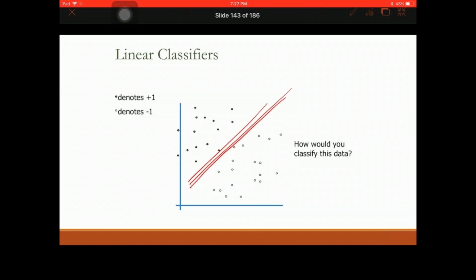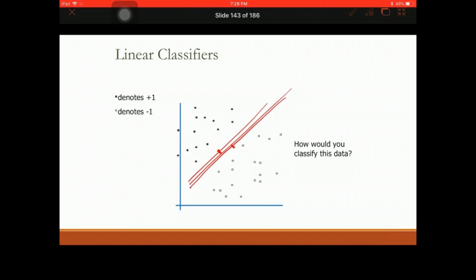So what you do is you choose a boundary which is farthest from here and farthest from here. You choose a boundary which separates the data best. The line which is farthest from here should also be farthest from here, but these are two opposing directions, right?